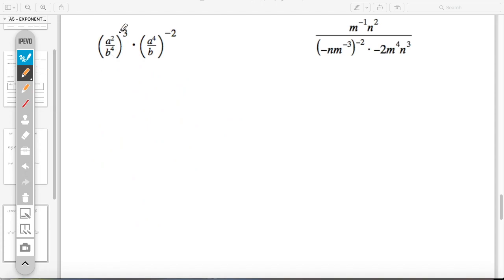Okay, so you need to take this 3 and apply it to both expressions. Same with this negative 2. Okay, so if I rewrite this, I have a to the 2 times 3 divided by b to the 4 times 3.